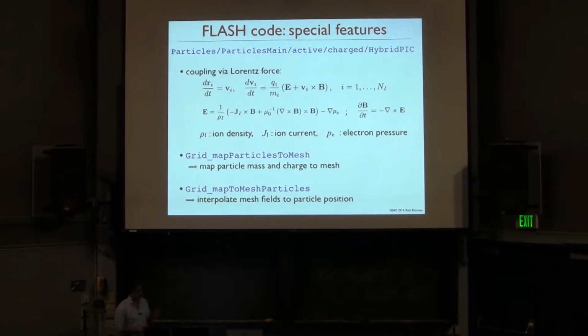You want to interpolate these quantities onto the position of the particle, and there's an interface to do an interpolation of your continuous quantities onto the point where the particle resides at this particular time.